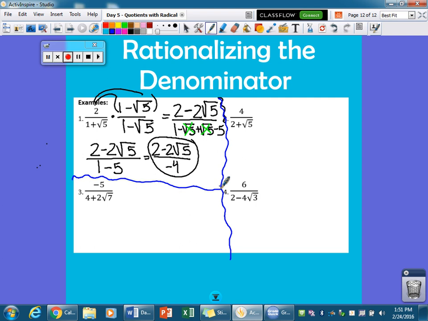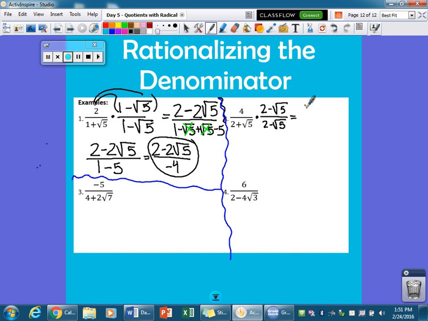All right, let's do number 2. Same idea. Multiply by 2 minus square root of 5. Distribute that 4 to both terms. Now we can distribute it because it has that symbol in between.